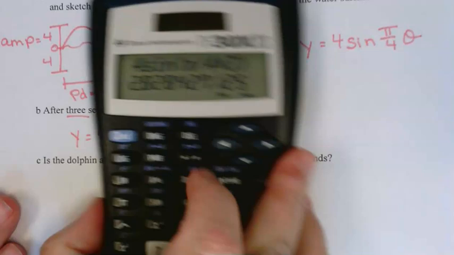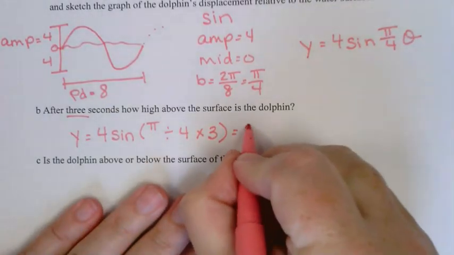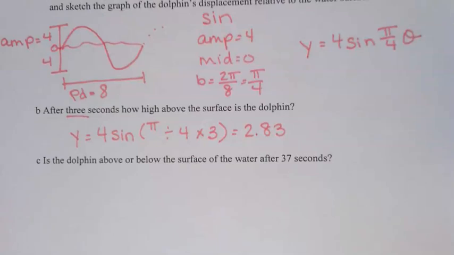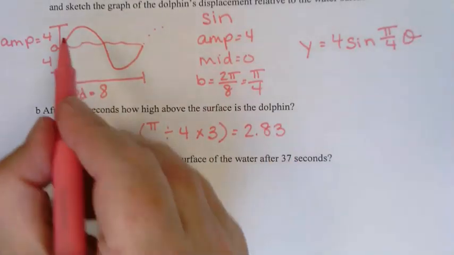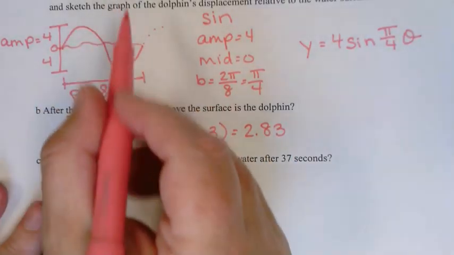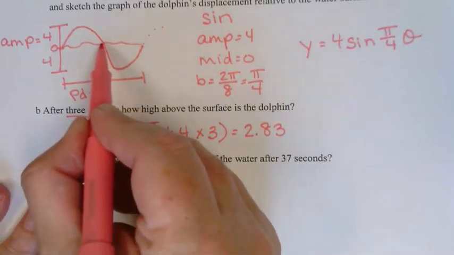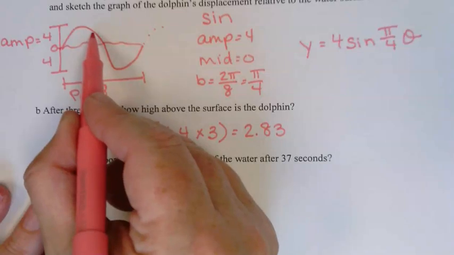I get 2.83. Okay. And it makes sense. If the whole thing takes 8 seconds, we can assume roughly this is at the 4-second mark. He would still be above water somewhere over here.